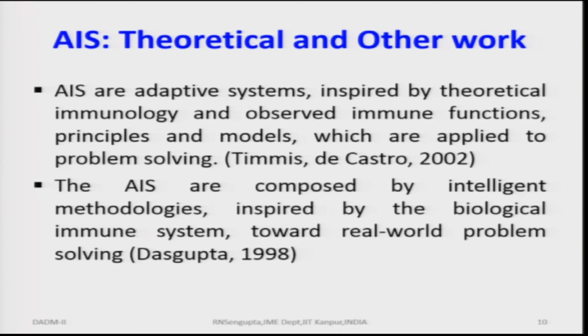It was inspired by theoretical immunology and observed immune function principles, and the models have been applied. Three very good researchers in this area are Timmis and De Castro, and another one is Dasgupta. According to Dasgupta, AIS are composed of intelligent methodologies inspired by the biological immune system towards real-world problems. A lot of work has been done by this gentleman.